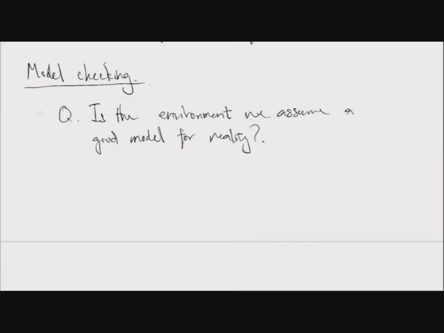So what can we do when we start off with a multi-armed bandits framework and we see that the assumptions are not really holding? Then we might want to expand the model to account for this.